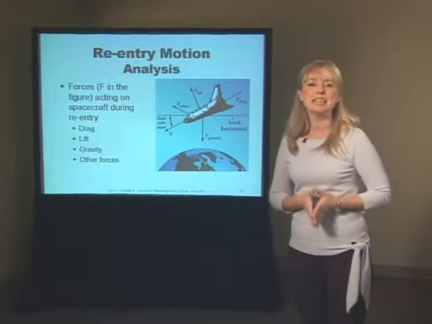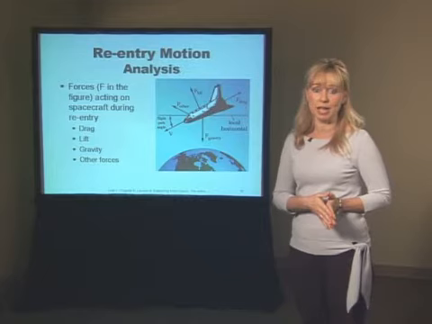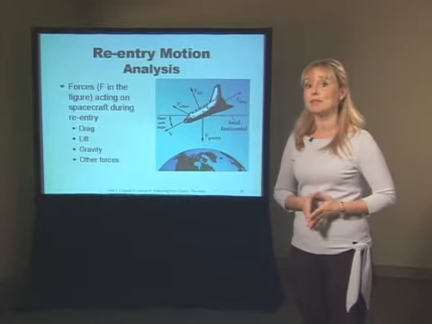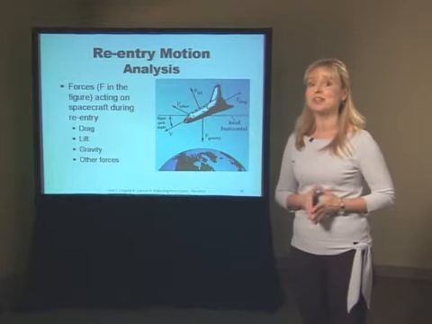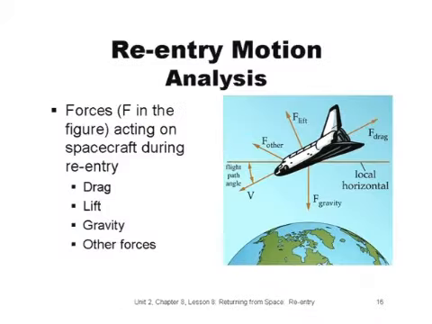If you remember the key topics from this and earlier chapters, you can probably name some of the forces that are acting on a vehicle during re-entry. We'll look at this diagram to see how well you do. The forces labeled F in this figure, which the spacecraft must withstand, are drag, lift, gravity, and other forces. In the case of drag, the arrow points behind the spacecraft. The lift arrow points up from the spacecraft, while the gravity arrow points down toward Earth.